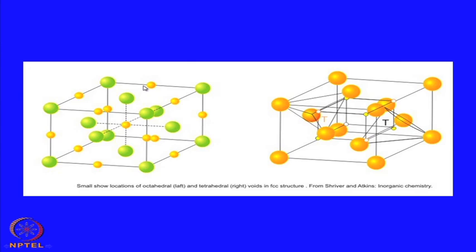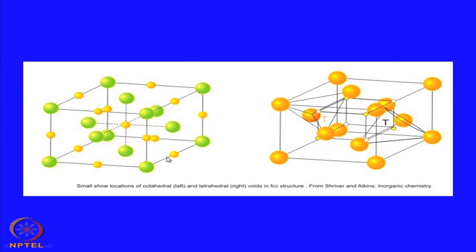Similarly, on the middle of each edge of the cube, there will be interstitial voids, which are shown here by a yellow circle or yellow sphere. These yellow spheres are all voids in the interstitial sites, in the space in between the actual atoms.